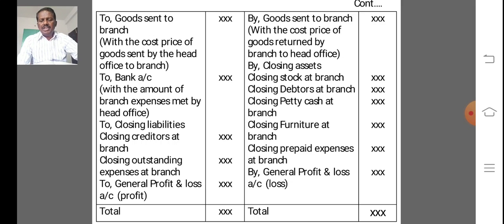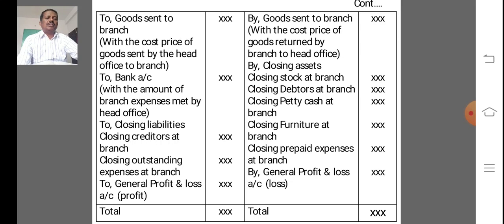For ascertaining any missing information about branch cash and bank balance, like opening bank balance or collection and remittance of the branch or closing bank balance, a memorandum cash or bank account must be prepared.